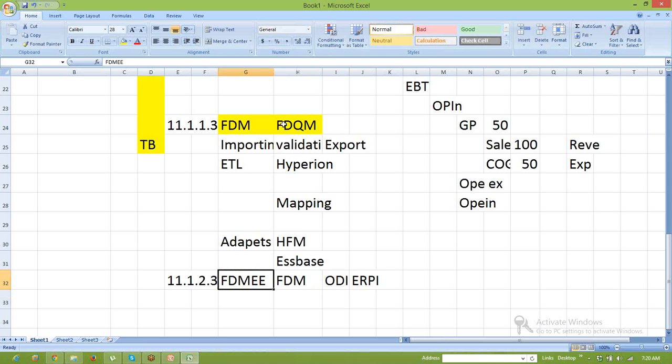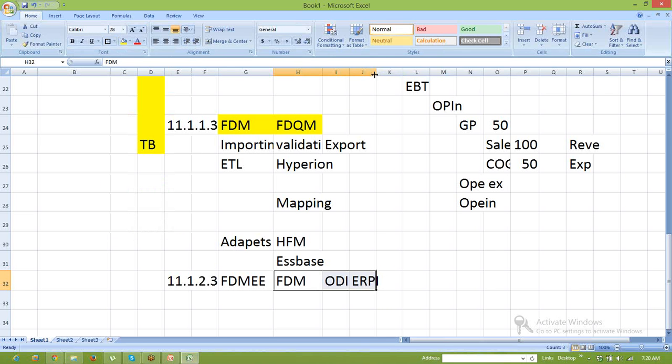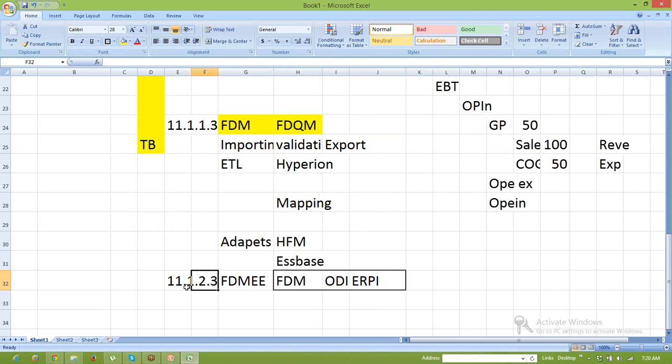All of them are integrated, and they have given one new product called FDM E, which is the latest version. So ODI is no longer sold by Oracle by itself? Yes. If the client wants to buy ODI independently, they can.